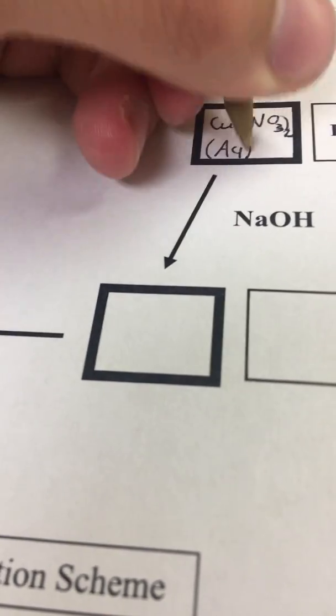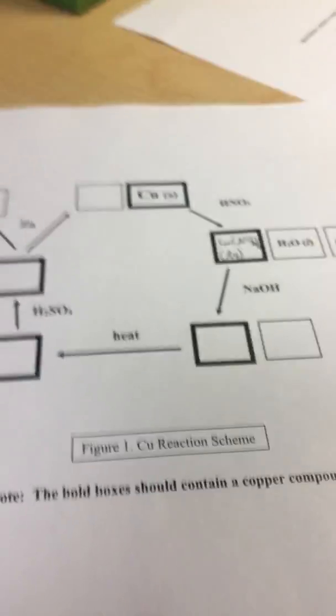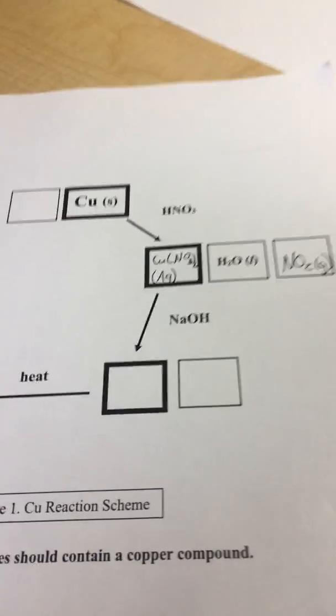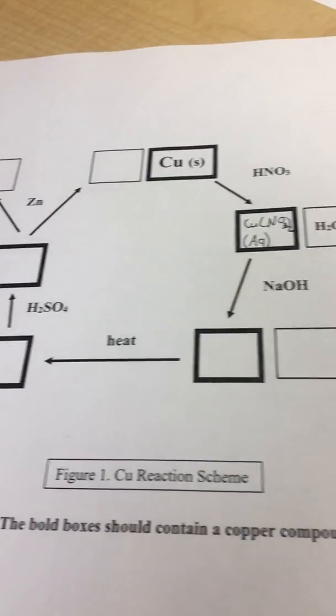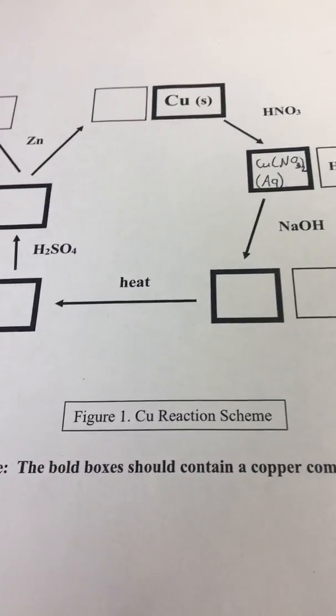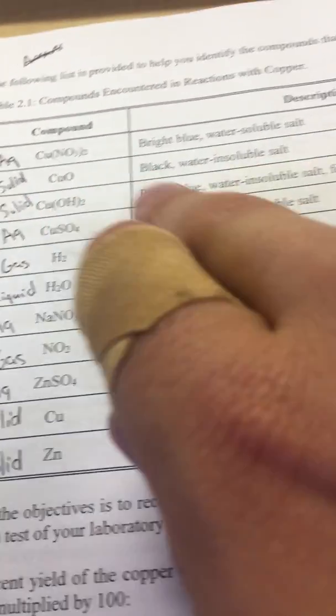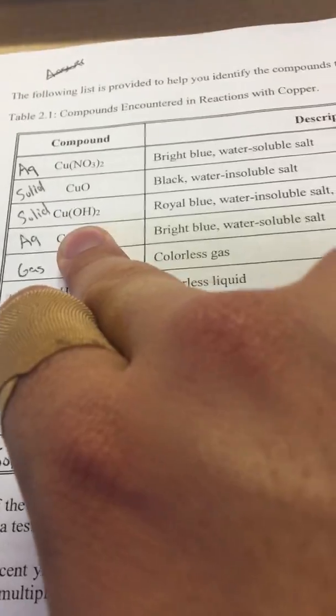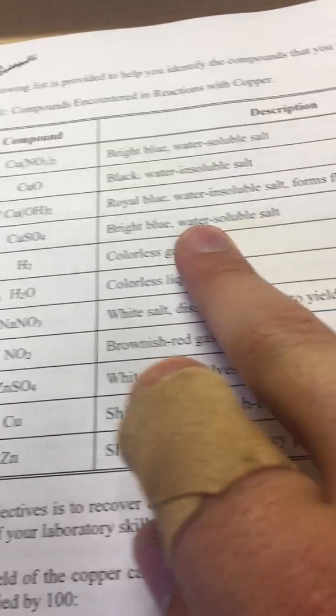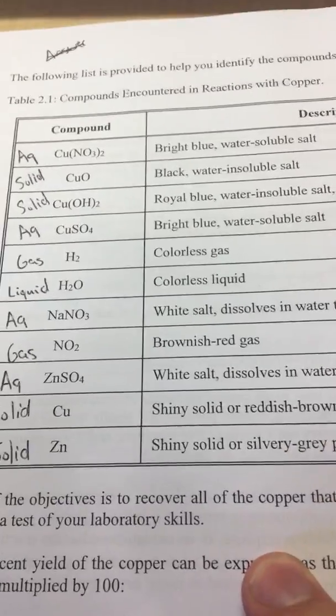Aqueous. Okay. And then sodium hydroxide was added, causing the bright blue mixture to turn into a royal blue substance. Now, if you look on here, there would be Cu(OH)2 because it's royal blue, and that's the only royal blue on the sheet that we are given.